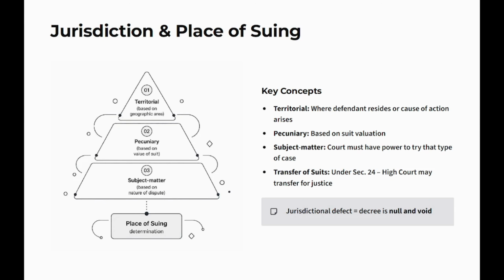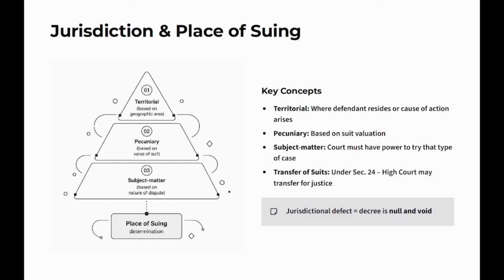Jurisdiction and place of suing. Jurisdiction means which court to go to. Before filing a case, the first question is: which court should I go to? This is called jurisdiction. It is divided into three types.